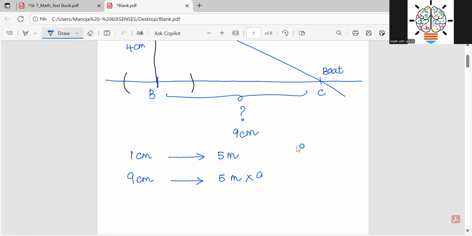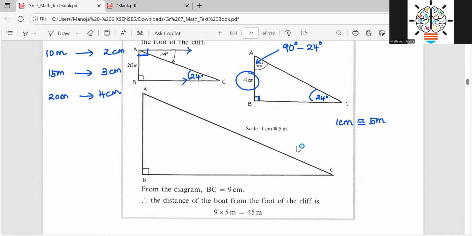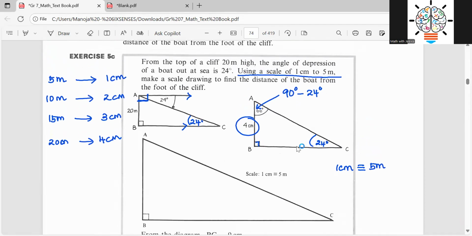And then you multiply this by 9, and it is 45 meters, right? The distance from the boat to the foot of the cliff is 45 meters. Hope it is clear for all of you. If not, please go through the video one more time and see how I constructed this triangle and got the values like this, right?